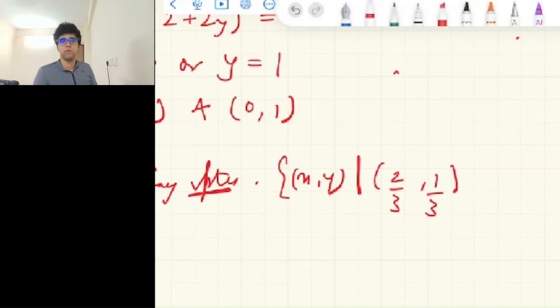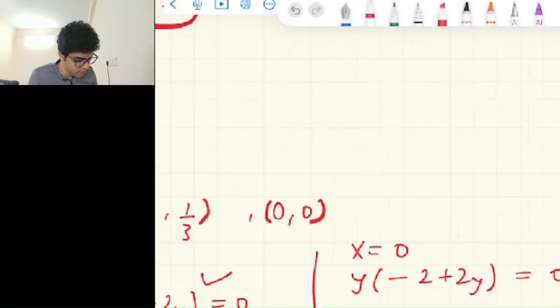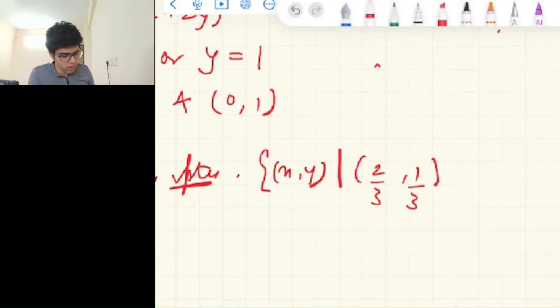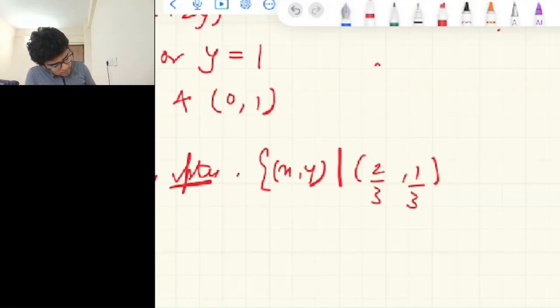Why? Because we have a specified domain, in the first quadrant essentially. So I can't write x comma y belongs to R, right?